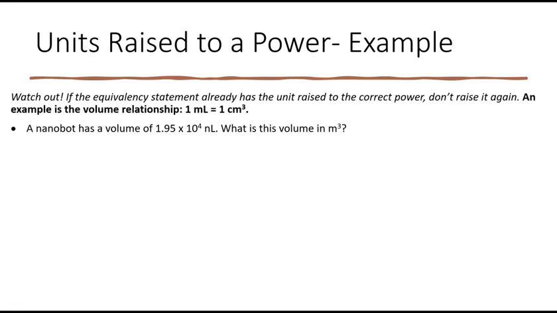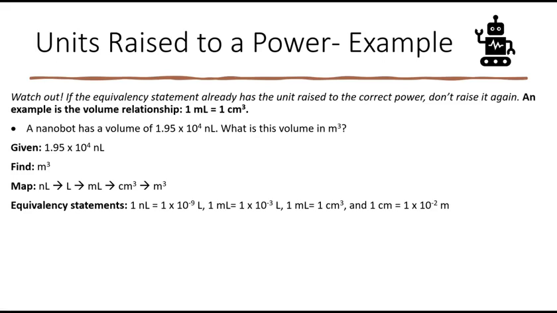A nanobot has a volume of 1.95 times 10 to the 4th nanoliters. What is this volume in cubic meters? Well, we are given 1.95 times 10 to the fourth nanoliters. We are told to find cubic meters. We're going to have to convert our nanoliters to liters first in order for us to convert liters to milliliters.